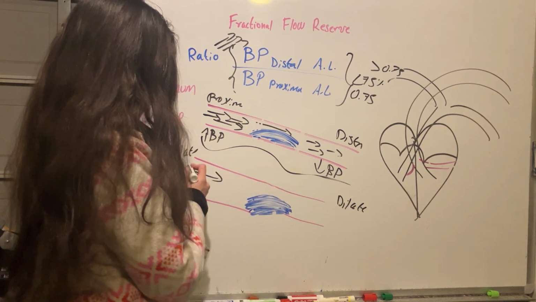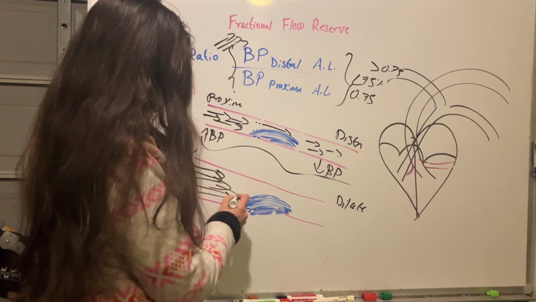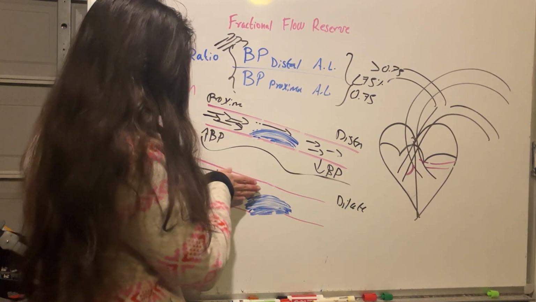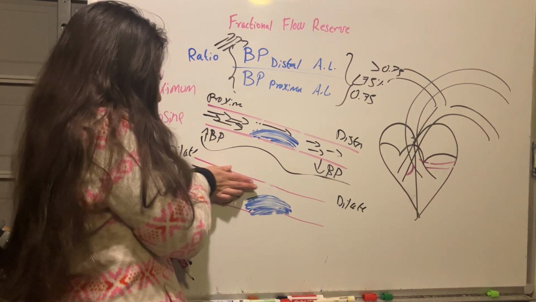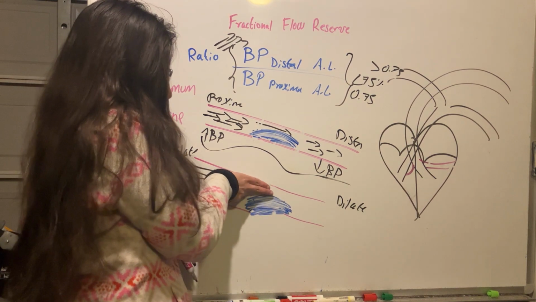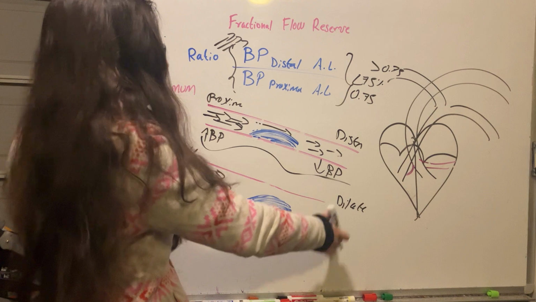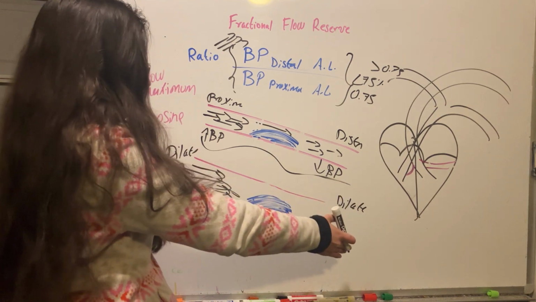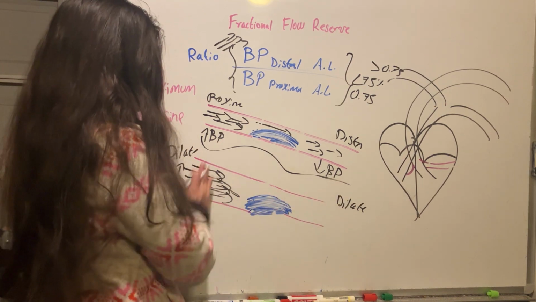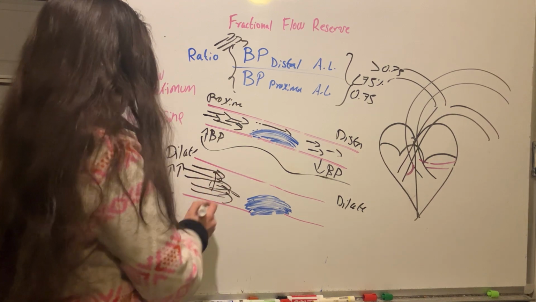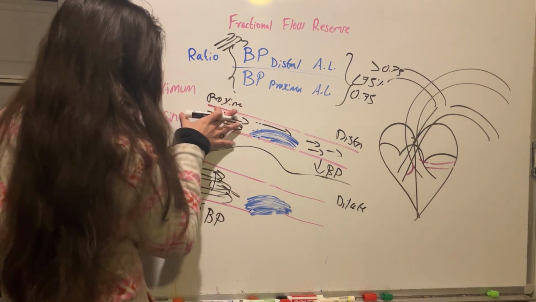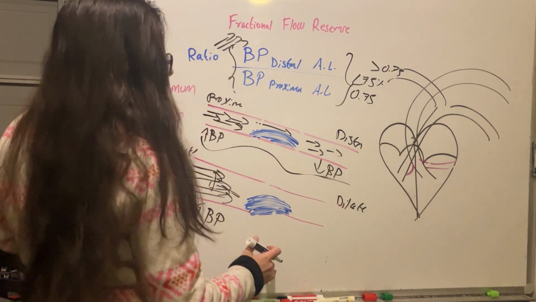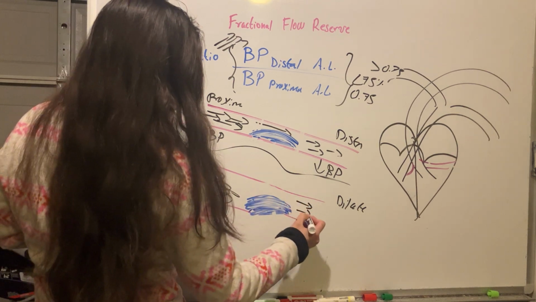So again, flow is coming this way. We have all this amount of flow coming, but at the site of the atheromatous plaque, not all the blood can pass through this point. So only this amount of blood, this amount of flow can pass. So again, here we have maximally dilated the coronary artery, where at the proximal segment we have more flow, so we have a higher blood pressure here than at resting, and here we will also have flow coming.